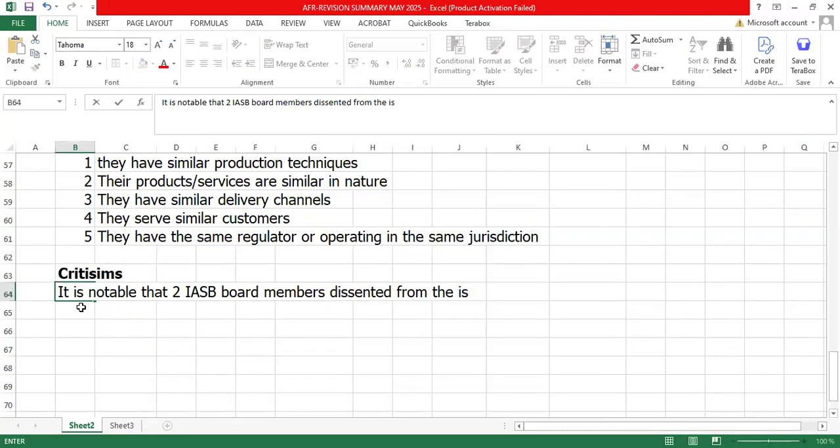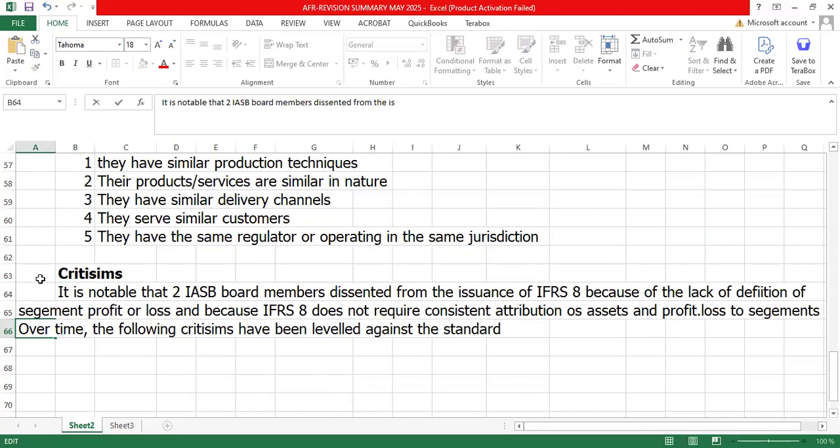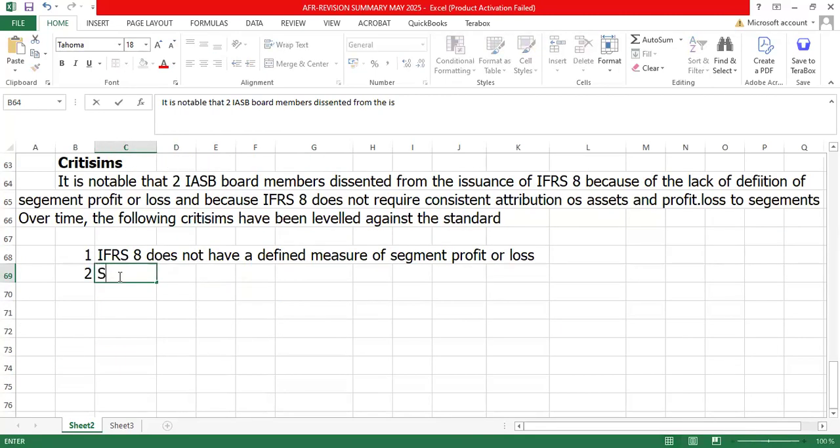Let's try to talk about the criticism. You can say one, the segment determination, the responsibility of directors, and this is highly subjective.